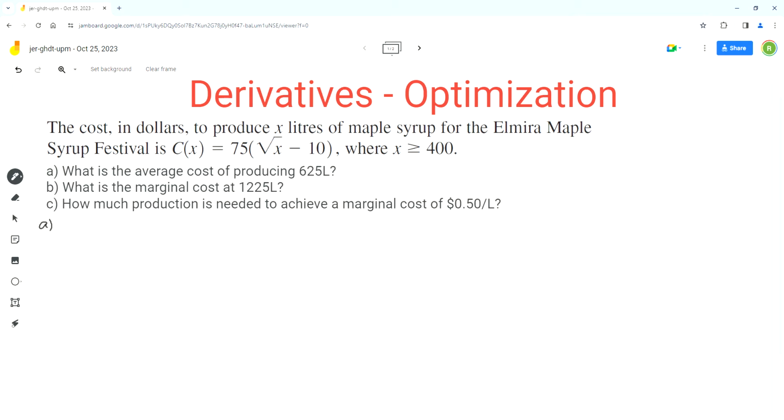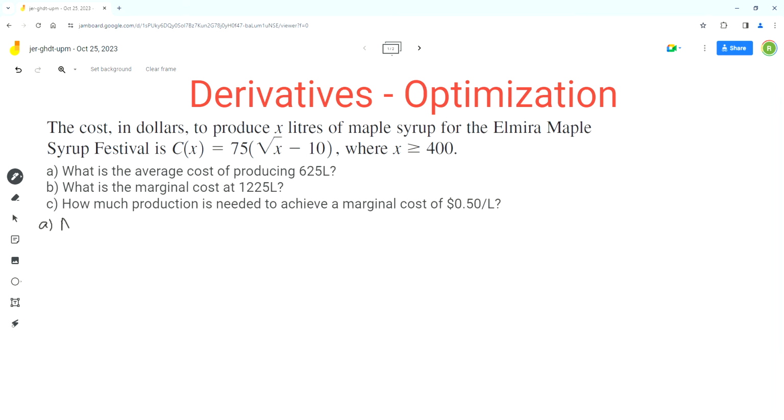In part A we have to find the average cost of producing 625 liters of maple syrup. To calculate the average cost, we should divide the total cost, which is given to us as function C(x), by the volume, which is represented by the variable x.